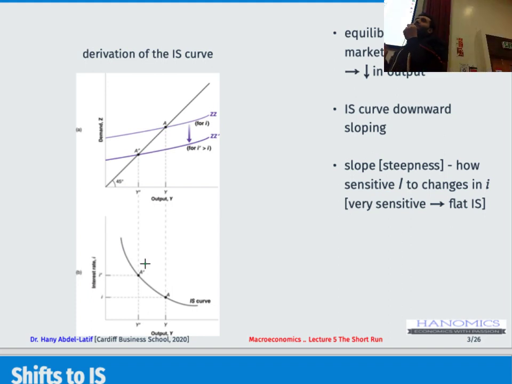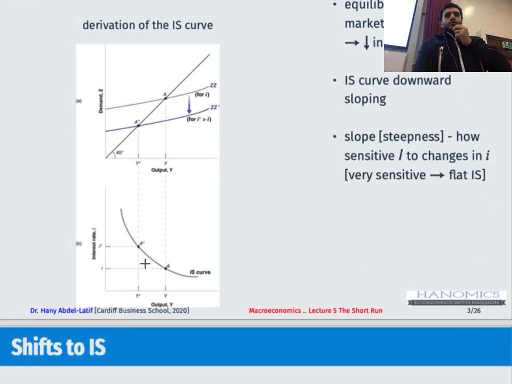So what I did so far now is just derive the IS curve. So do you understand now what the IS curve is? Every point on that IS curve, which is a downward sloping curve, gives you equilibrium in the goods market, okay? So 2 things that you should know about the IS curve. You need to think about the slope.